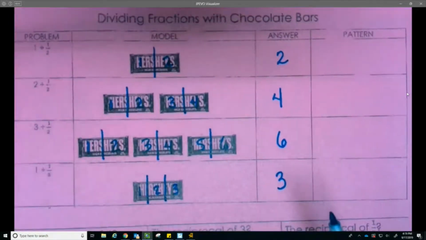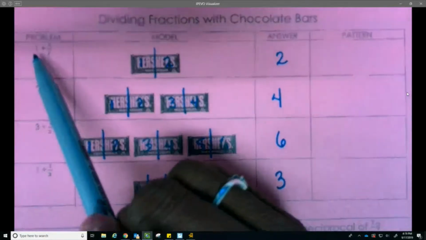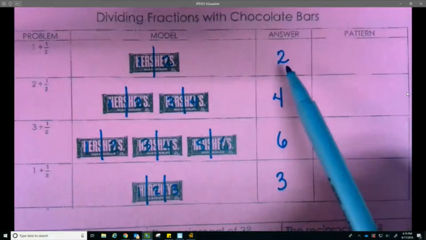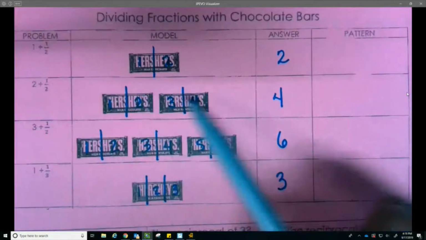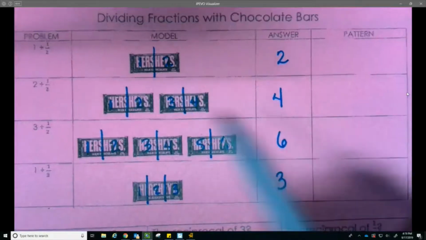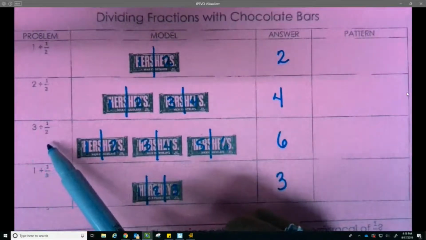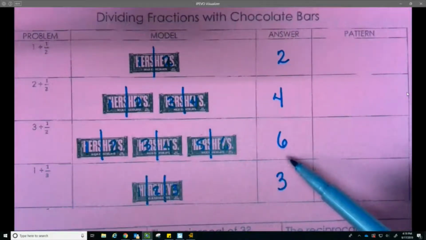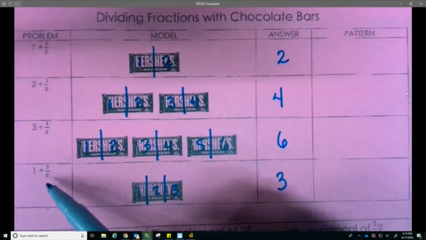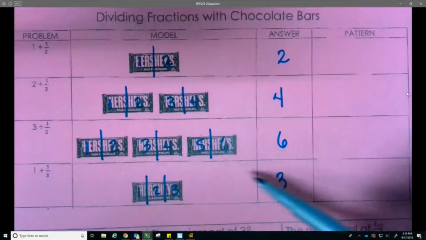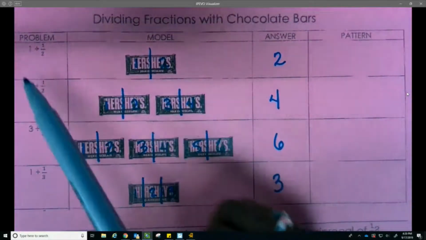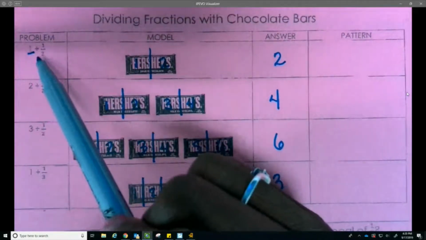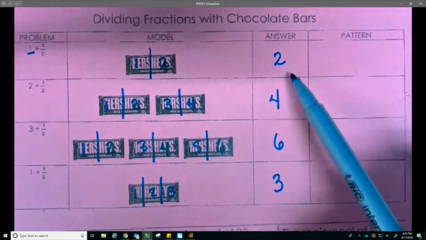So I need to see this pattern right here. I know that this 1 is a 2, then I have a 2. I have a 2 here and a 2 here, and then that's a 4. I have a 3 and a 2, that's a 6. Then I have a 1 and a 3, and then that would be a 3. So if I look at it, 1 times 2 gives me 2.